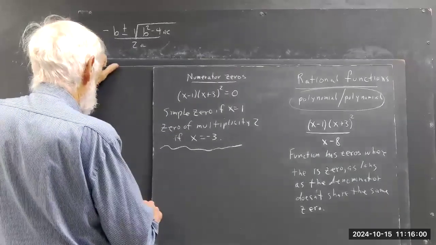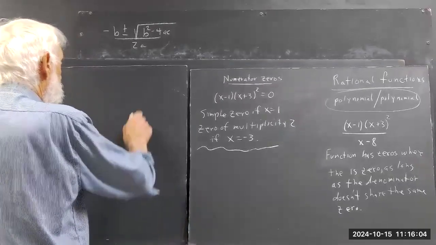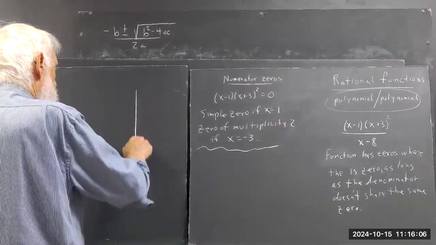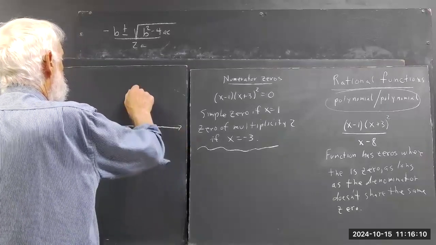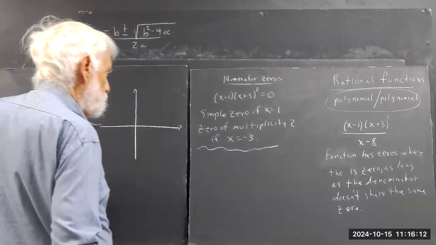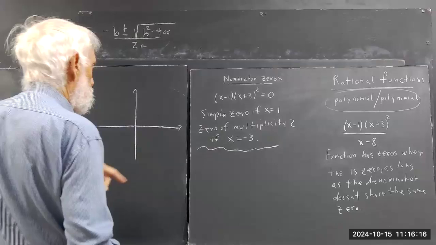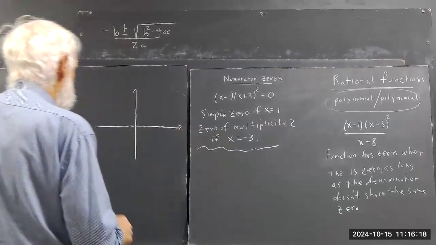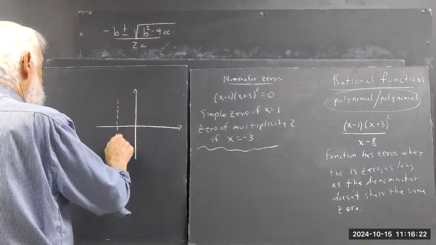And rather than trying to crowd the whole thing onto one board, I'll come over here and start constructing the graph. So here's a graph. And we have a simple 0 at x equals 1, 0 multiplicity 2 at x equals -3. So I'm going to put -3 about here.